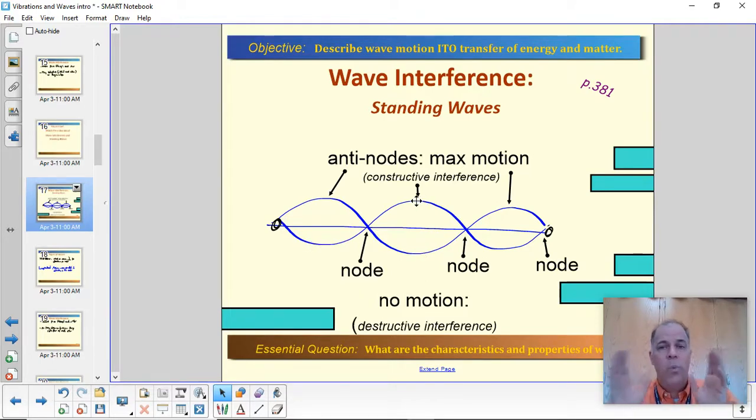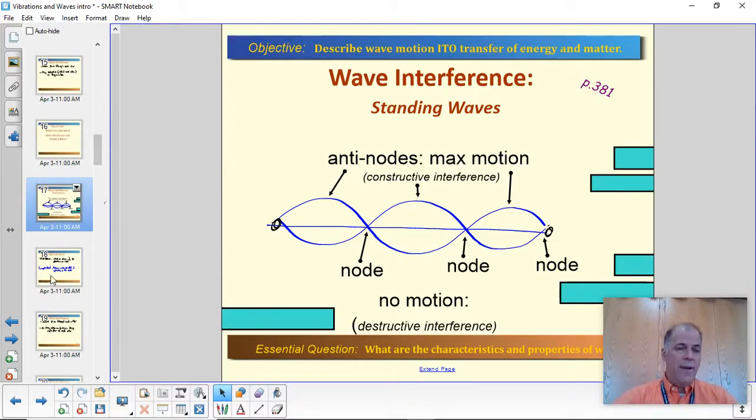So the complete waveform is two lobes. And this diagram we have right here is 1.5 wavelengths, or 3 halves of a wavelength. Okay? And that's something I want you to be able to do, is to identify a diagram of a standing wave and tell me what the wavelength is.